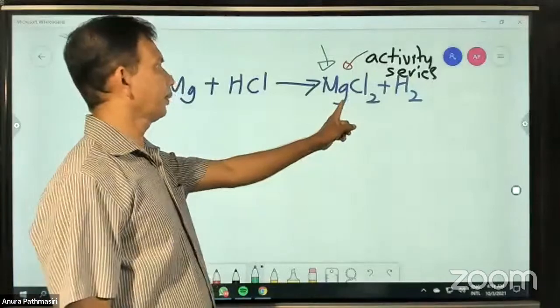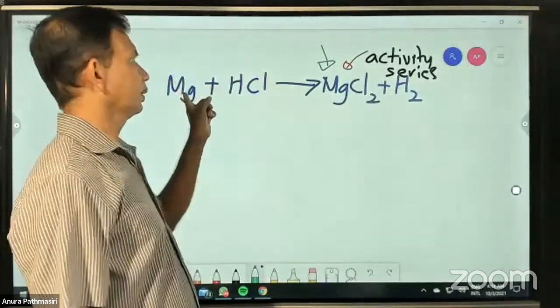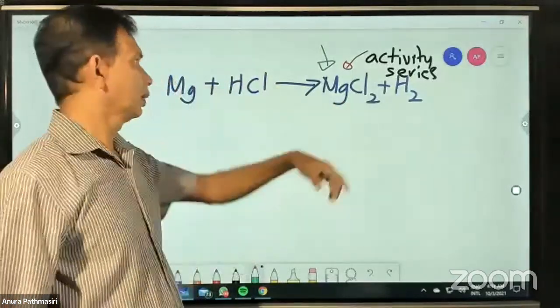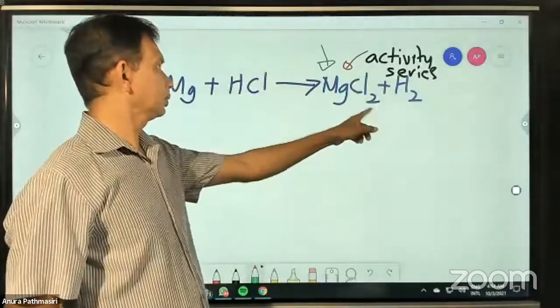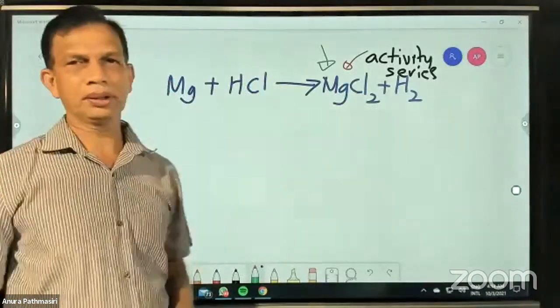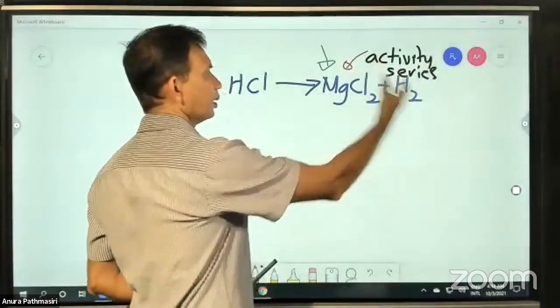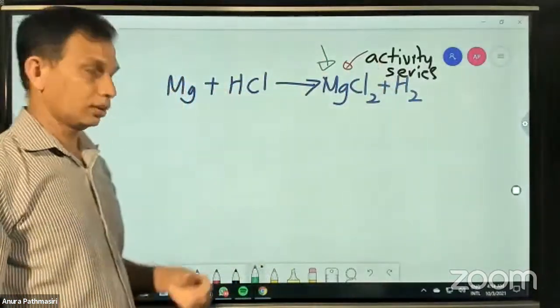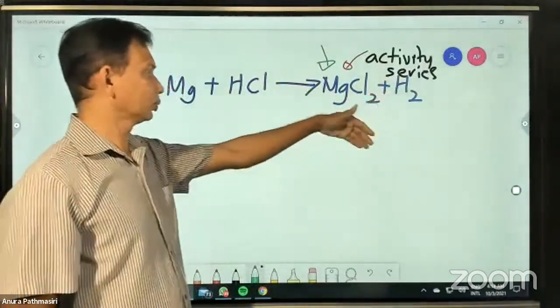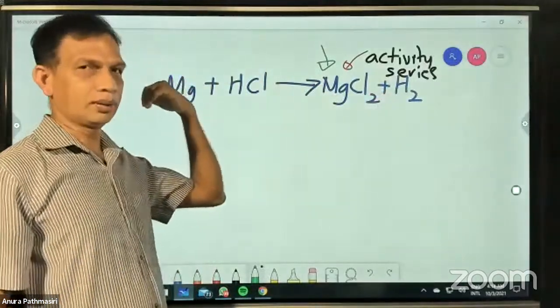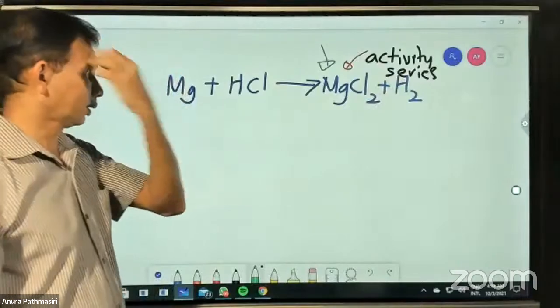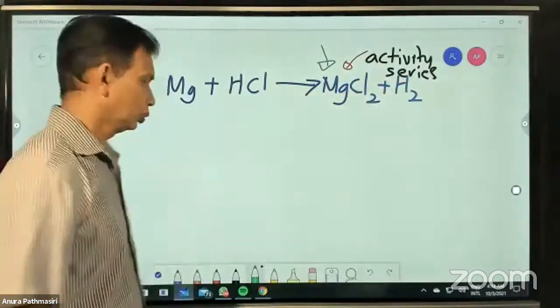So you have one magnesium, perfect. But two chlorine, while here only one chlorine. Whatever the amounts in the product should tally with the reactants as well. So magnesium chloride will have two chlorine.